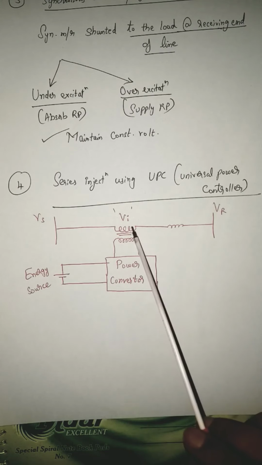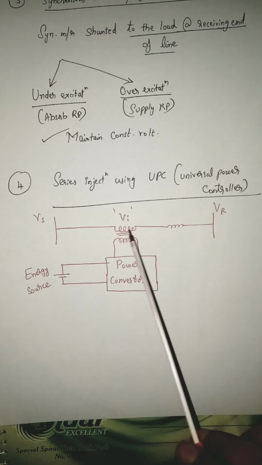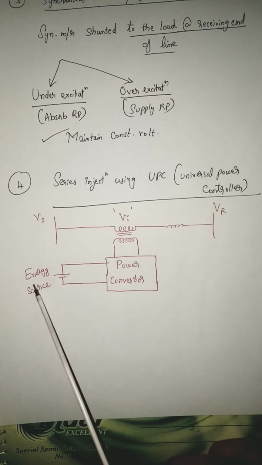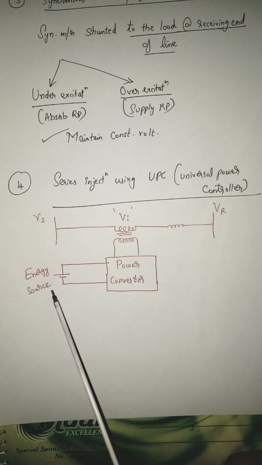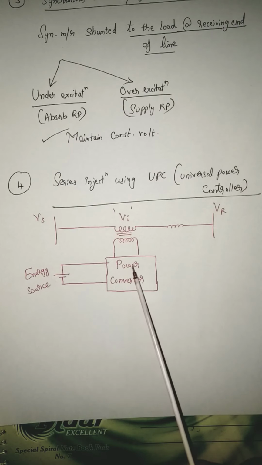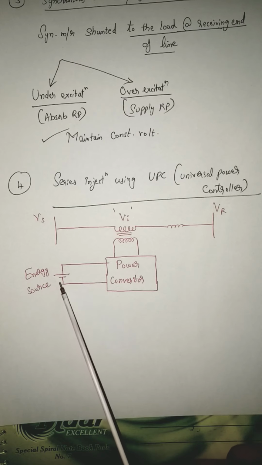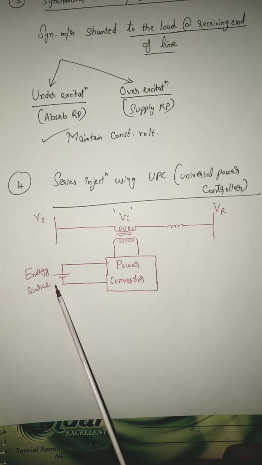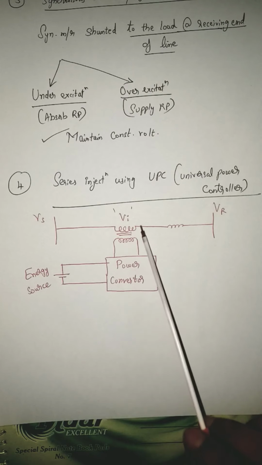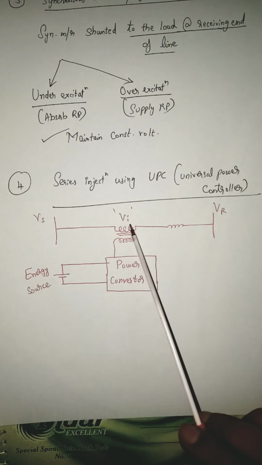For this reason I have connected this winding in series with the line. So effectively the entire line voltage I want to vary. So you are having an energy source here. Initially when you energize this source, there is a power converter which will convert DC to AC. So the magnitude of DC whatever you give is converted into AC here, and obviously you're having a transformer here, primary voltage, and you will be having secondary voltage.